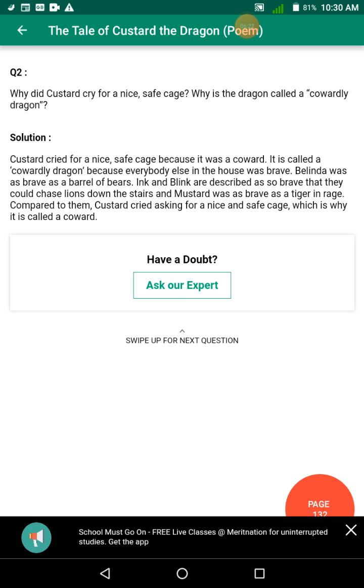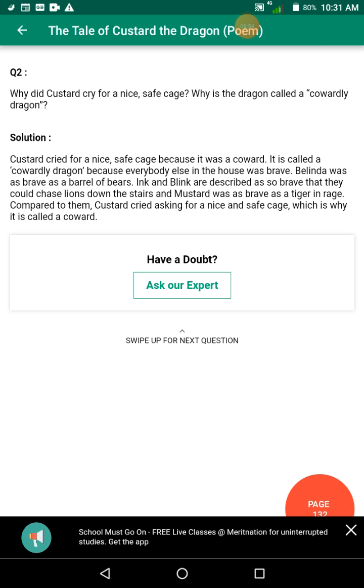How do you know they are brave? One, Belinda. What is her bravery equal to? Barrel of bears. You have to write like this if you have to understand things and not miss even a single mark. Ink and Blink are described as so brave. How? They could chase the lion down the stairs.